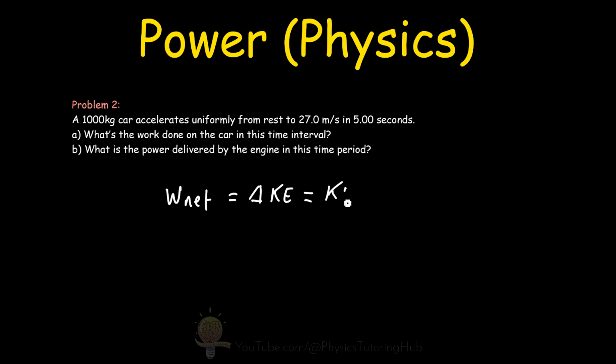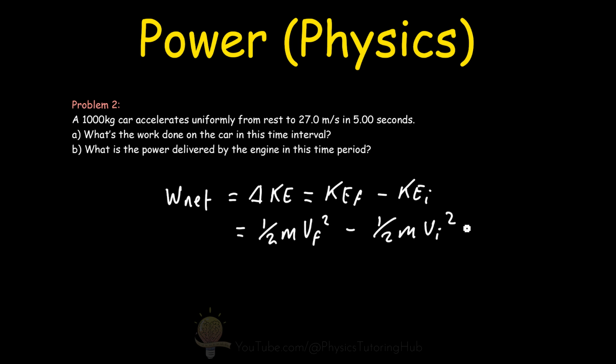So the net work done on this car is equal to the change in its kinetic energy, which equals the final kinetic energy of the car minus its initial kinetic energy. And remember, kinetic energy is equal to half times the mass of the object times its velocity squared. And we can factor this equation.